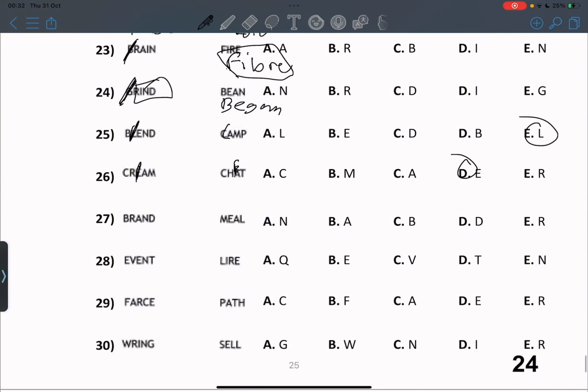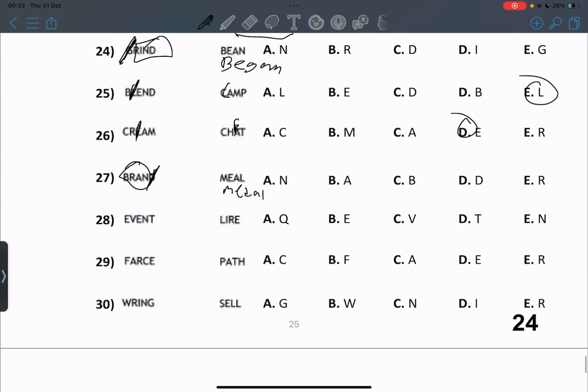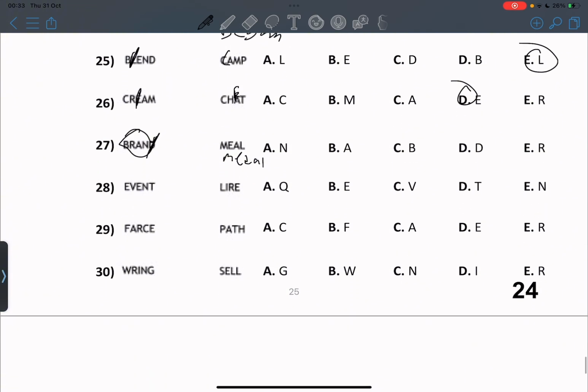For question 27, it looks like, yeah, if you put the D into here, you'll get medal, and you also got bran, which is also a word. I believe it's a type of food. Yep, like wheat bran.